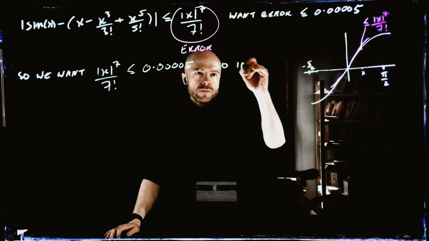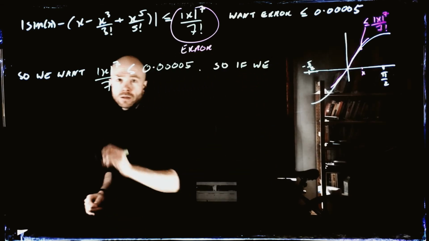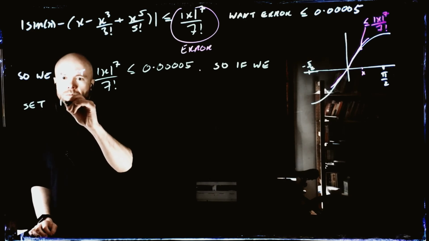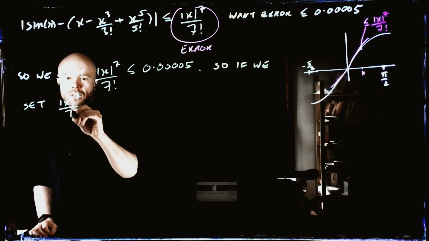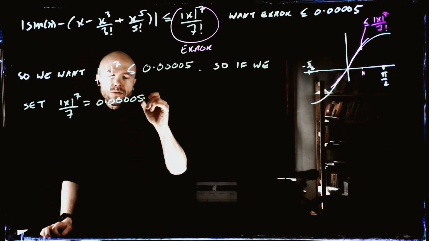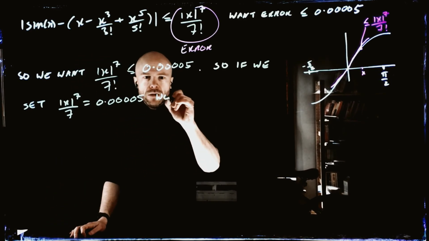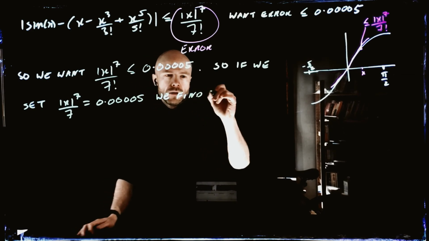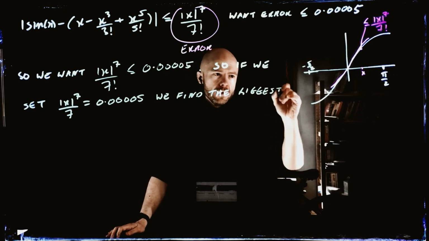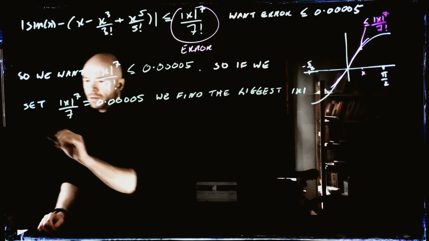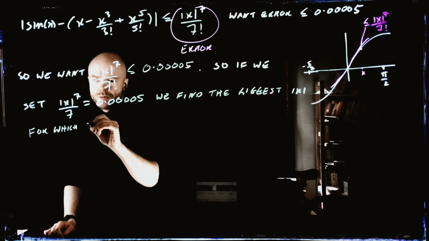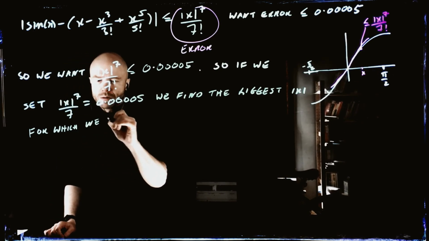So, if we set mod x to the power 7 over 7 factorial to be equal to 0.00005, we find the biggest mod x for which we have the error that we want.